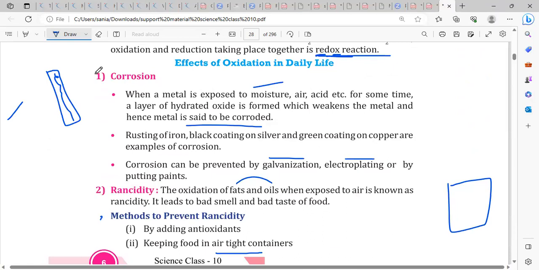Got it. Okay, first you will write corrosion, all the three points, then rancidity.